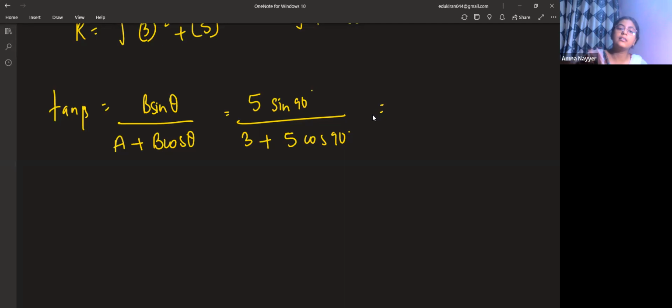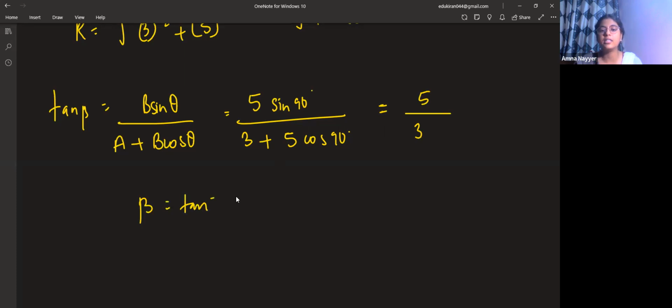And do check these values, those values which I have mentioned, because those you have to remember at any cost. Otherwise, your maths problems, your physics problems, none will be solved. So this just becomes 5. This entire term again becomes 0 because cos 90 is 0. So this becomes 3.